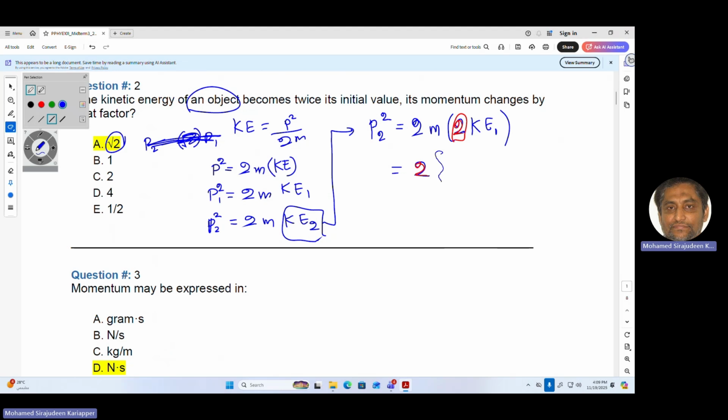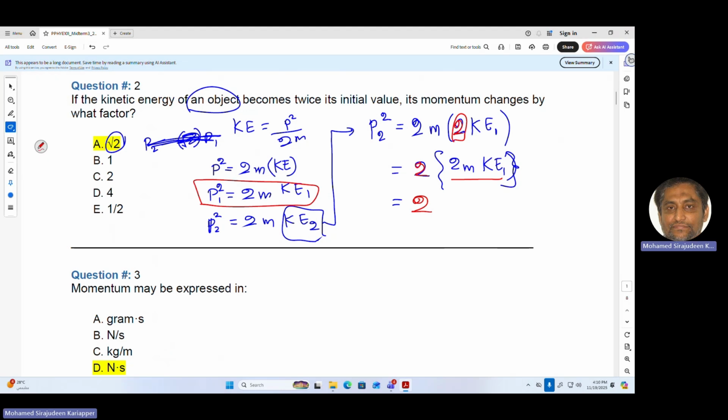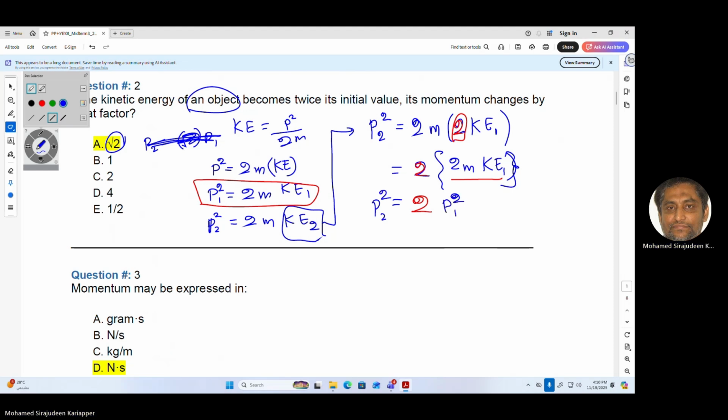And then you have, if I gather the rest of this, 2m KE1. Now, do you understand what's going on? This is P1 squared. So I can write P2 squared is 2 times P1 squared.